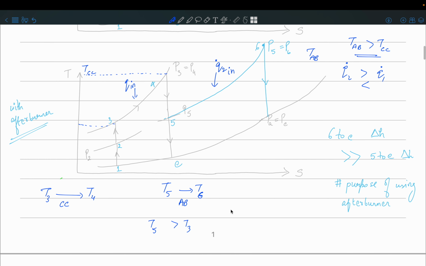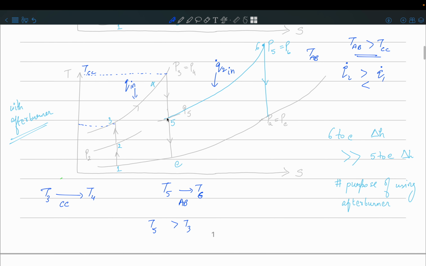But see, there is one difference. In the combustion chamber, the pressures at which you operate, this P3 equals P4, this pressure is much higher. After expansion through the turbine, the pressure reduces.